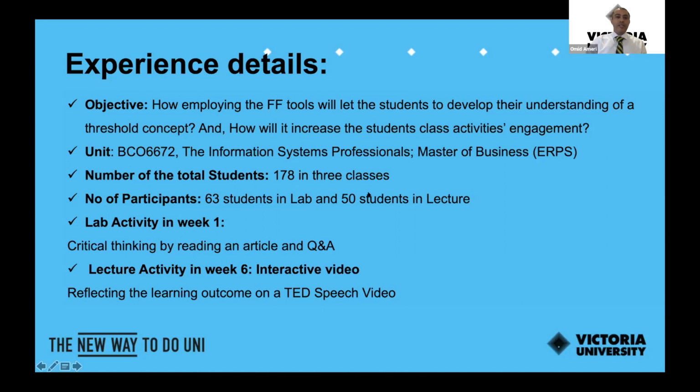One was the interactive video, then the other one was interactive documents, in week 1 and week 6. The interactive video was used during the lecture, and the interactive document was about critical thinking by reading an article, question and answer, that I will explain in more detail. This one was during the lab activity or workshop.